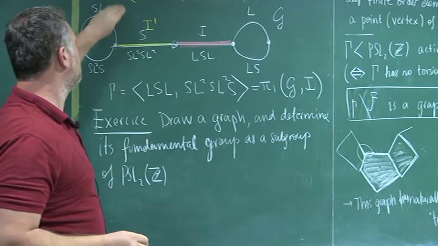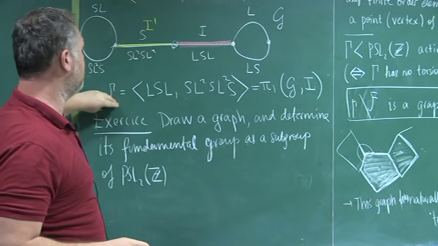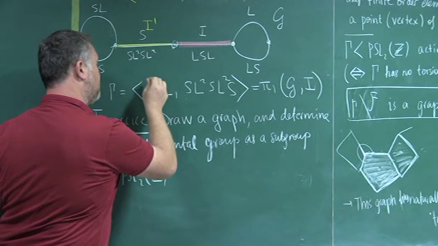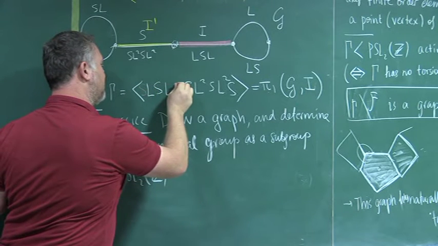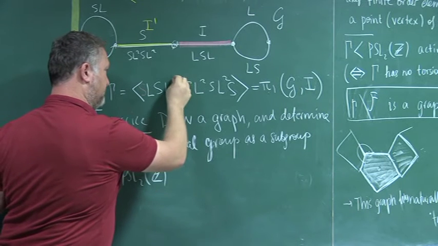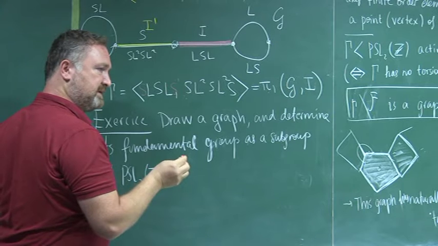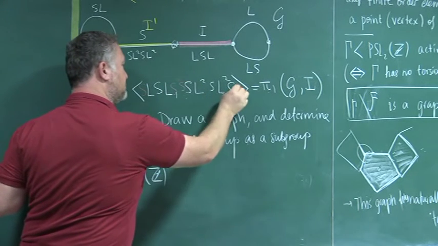So the new subgroup is not the same subgroup anymore, but it's a conjugation of this subgroup. Well, because if I conjugate with this S, I'm going to put one S here and one S here. Because I must write S to the power minus 1, but S to the power minus 1 is S. S is involutive, so I just put S. And if I do the same thing here, this will cancel out.